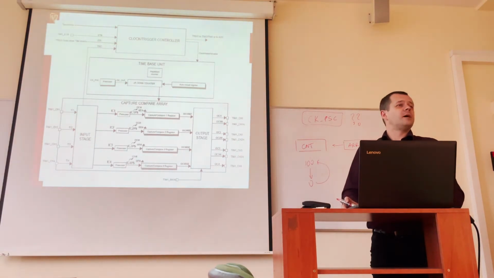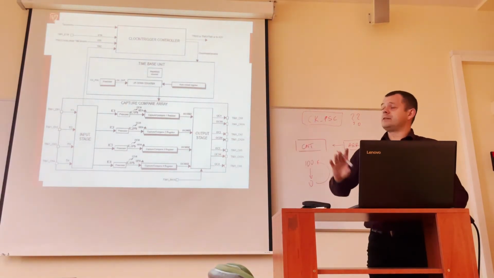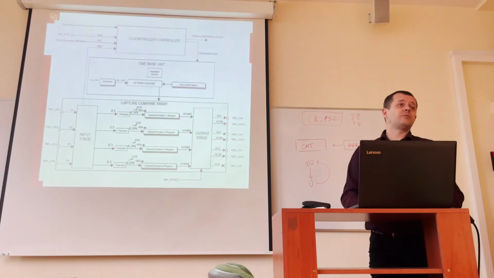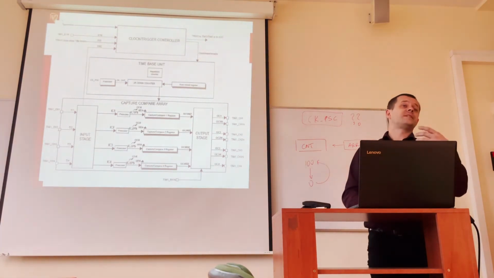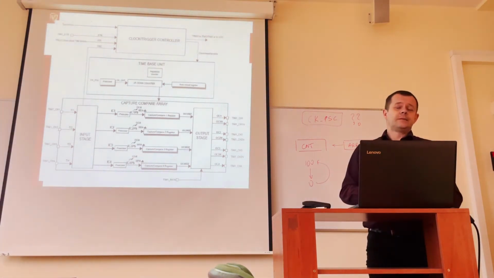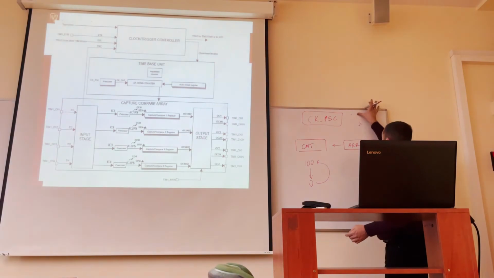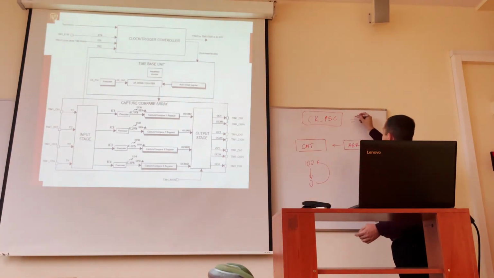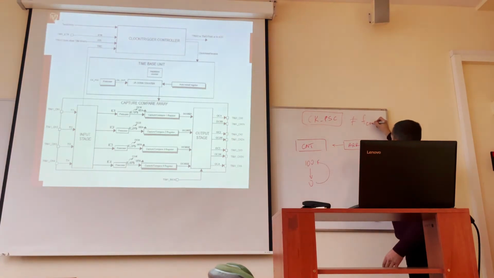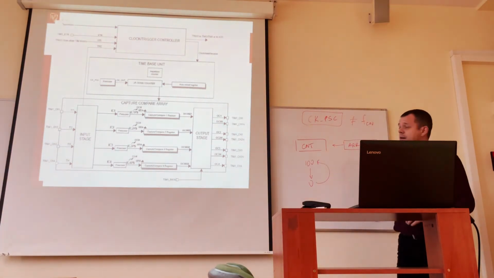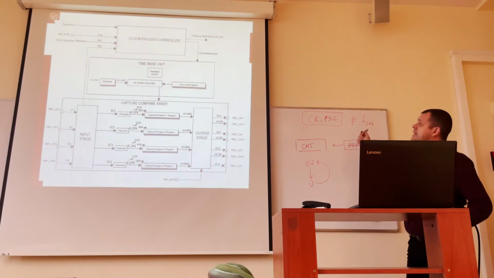But it's not always the case that the timer or timers are clocked from the same clock or the same clocking frequency. I would say even more than usually, the clock PSC input is different from the F CPU. So this is usually the case.